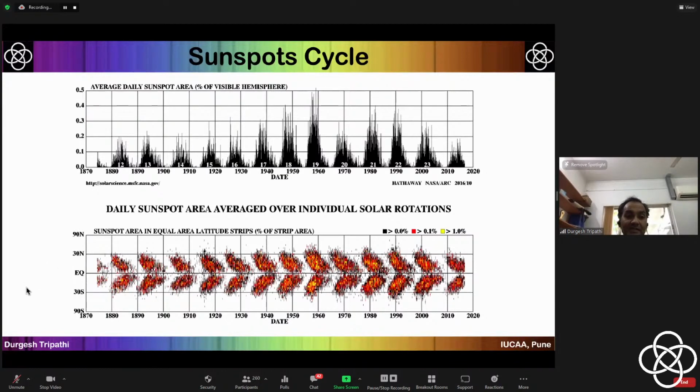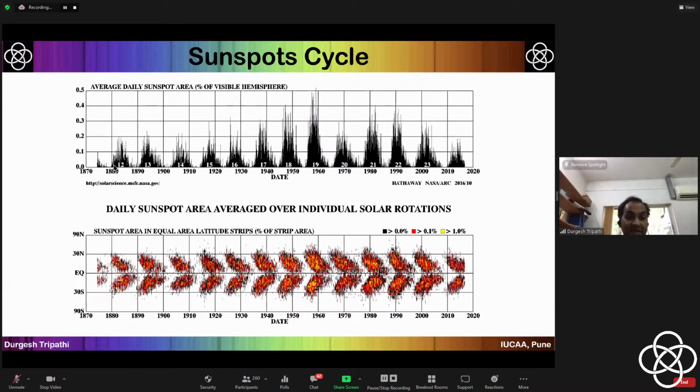We can mark the latitude and longitude of each sunspot we identify. We also can mark the area, but don't bother about the area. The color here shows the area of the sunspots, but don't bother about it. What we want to see here is the time and their appearance, the location of their existence on the surface of the sun or the disk of the sun.